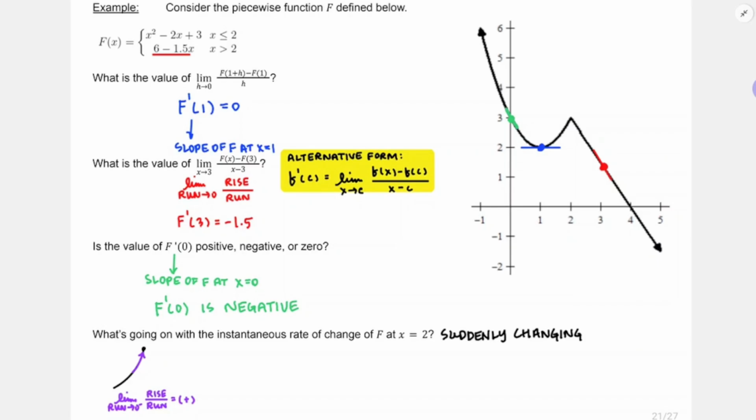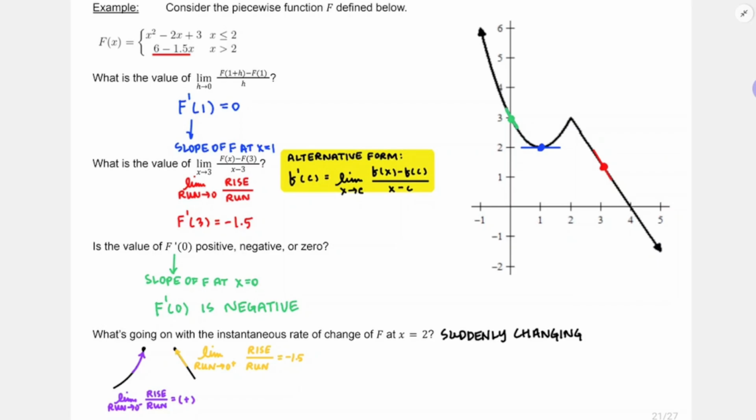And then as run approaches 0 from the positive side, run to the right of x equals 2, well, I've got the linear piece of graph. And so the limit of rise over run as run approaches 0 from the positive side, I think is going to be negative 1.5. And while I don't know what the purple number is, the positive number, I know if it's positive, it can't be equal to negative 1.5.